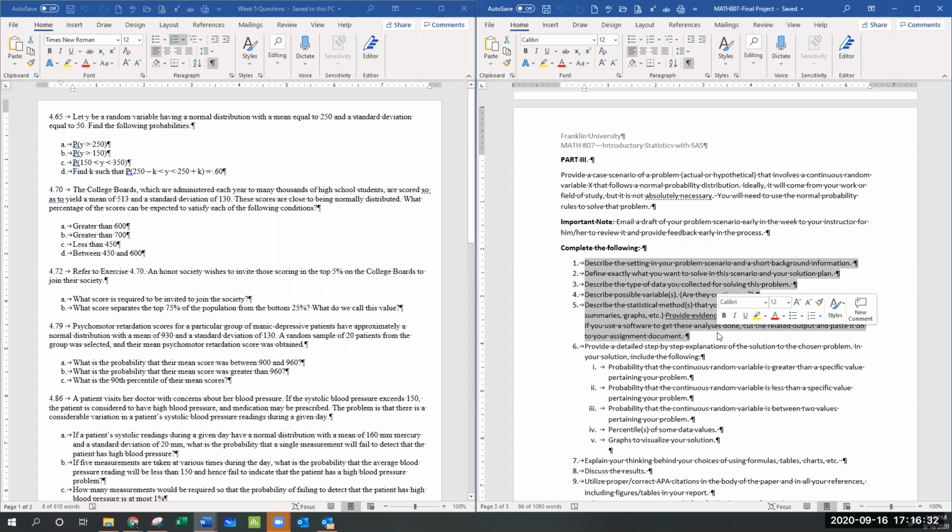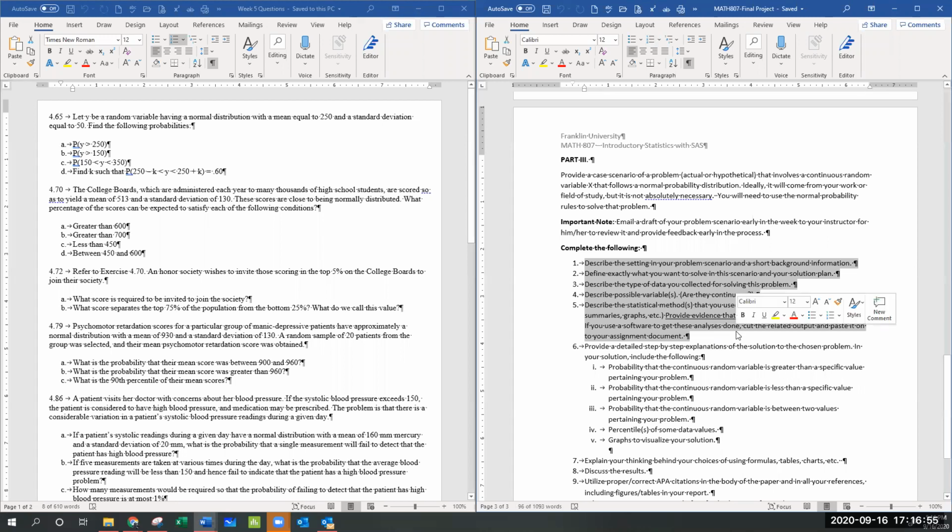Within 5 years, 50% of all K through 12 teachers have left the profession. So we lose half of our workforce within 5 years of being hired. So one of the variables that I collected was a continuous random variable, and I could use this.